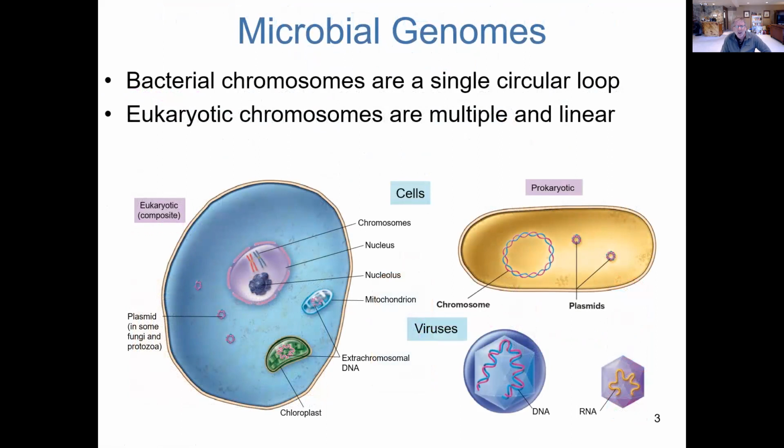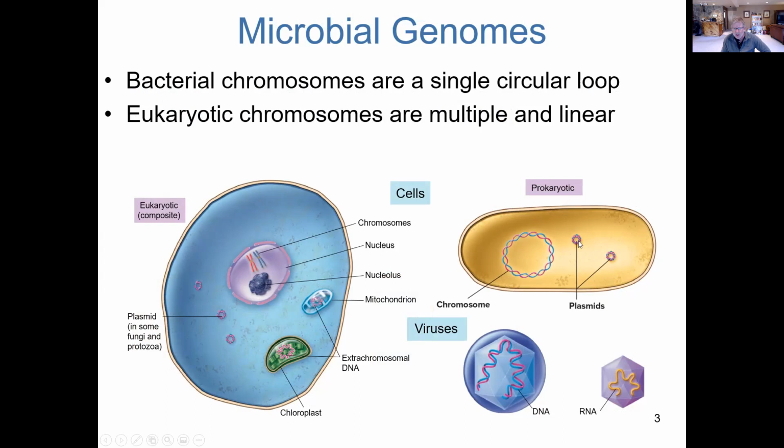We mentioned a few moments ago that in bacteria, we have typically a single circular loop that comprises or defines the chromosome in a bacterial cell. While in you and I, again, we have a nucleus containing DNA. We have other organelles like mitochondria, or in the case of some plant cells, we'd have to add chloroplasts to the list because there is also extra chromosomal DNA material in both of those organelles.